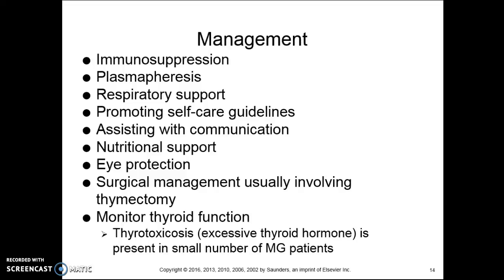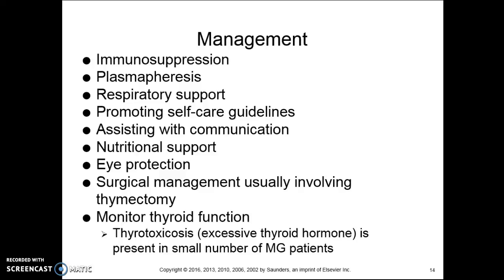But so management, the first thing, plasmapheresis is used with MG, as well as we just learned about with Guillain-Barré, GBS. So you could see plasmapheresis with that. Respiratory support, once again, because this can get to the point where a patient needs to be intubated.